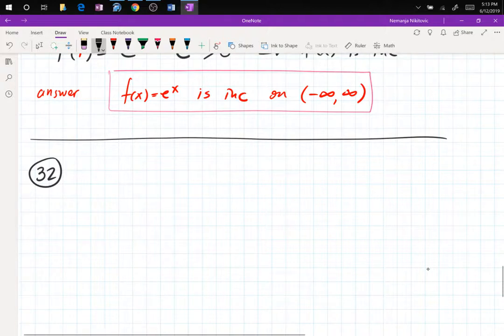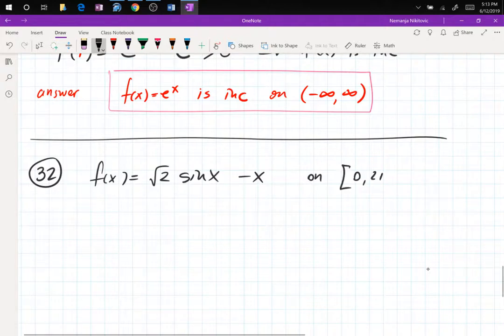So for 32, they say f of x equals square root of 2 times sine x minus x, and they want us to work on the 0 to 2 pi interval. So that's 32. You have 3 cosine 3x, cosine squared x, then some stuff with the square root, so a whole bunch of cool problems you can enjoy.